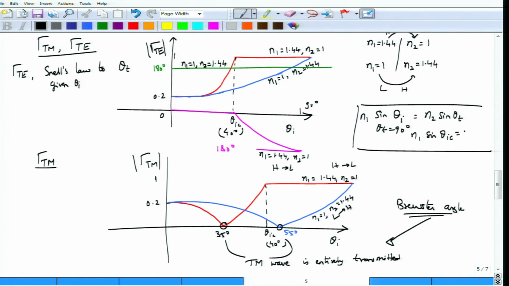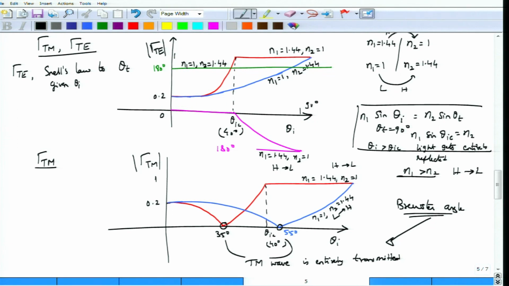The angle of transmission has become 90 degrees, and if you move the angle of incidence greater than the critical angle, the wave gets entirely reflected back into the first medium. For this to happen, it is necessary that N1 be greater than N2, that is you need to be moving from high to low refractive index.